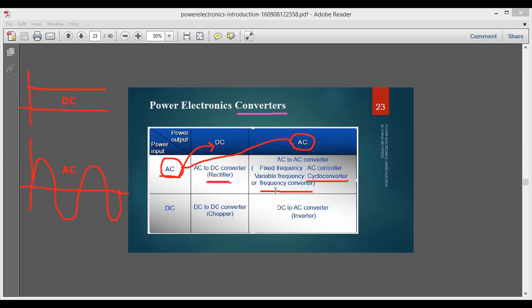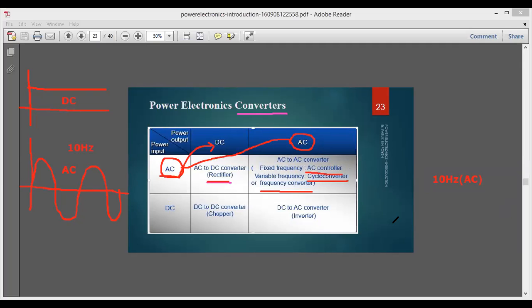But if you want your input frequency to be equal to the output frequency, for example, 10 hertz at the input and 10 hertz at the output, and if it is AC it should remain AC, then we go for the AC controller.